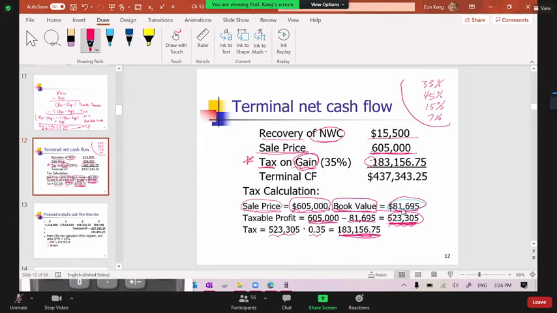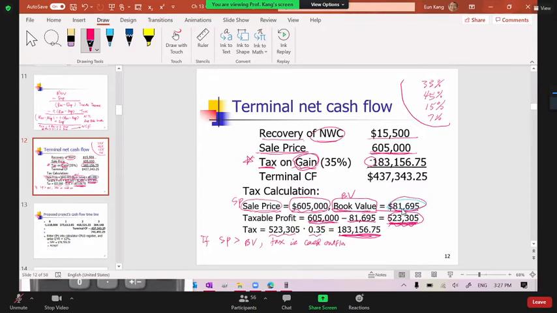So there are only three ways. If sale price SP is greater than book value BV, tax is a cash outflow.